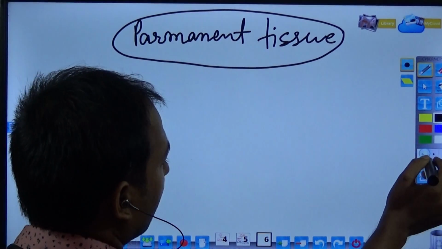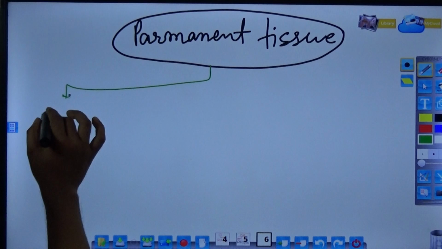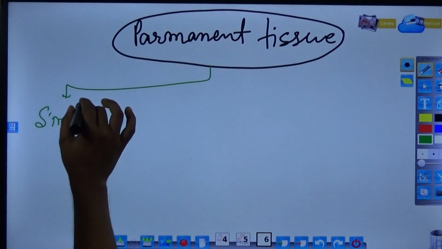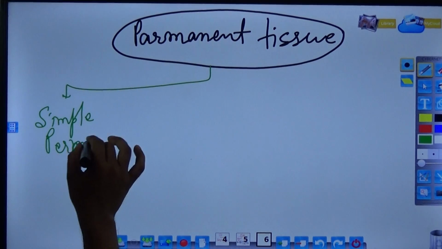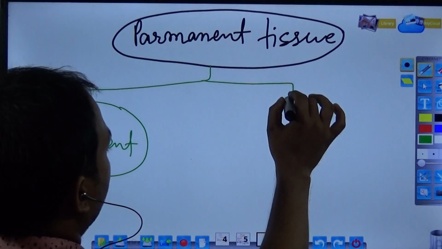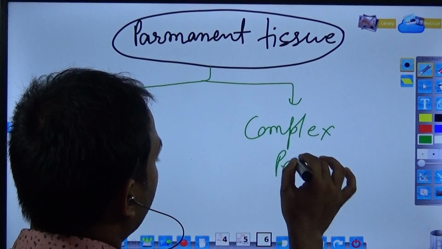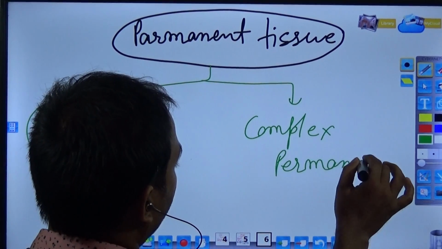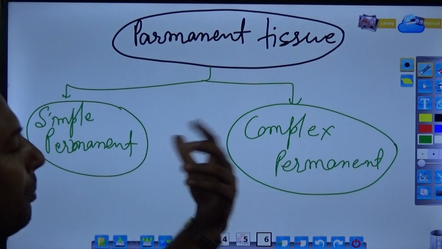First, simple permanent, and second, complex permanent.